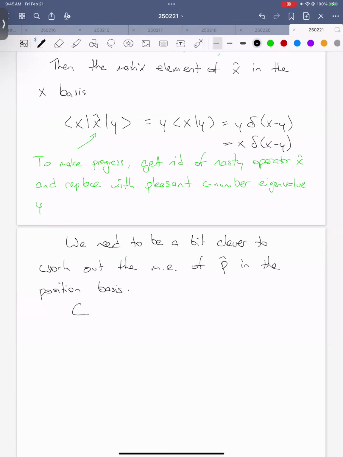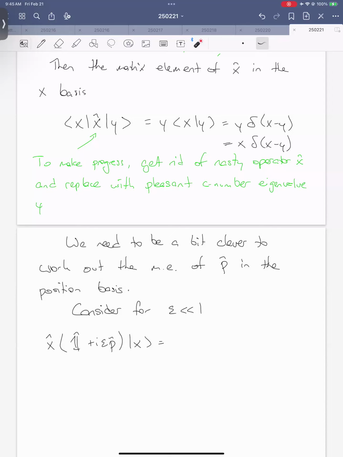So consider, for some epsilon much less than 1, the x hat operator acting on the identity operator plus i epsilon p operator acting on a position eigenket. Again, we don't like operators. We would like to get rid of operators whenever we can.